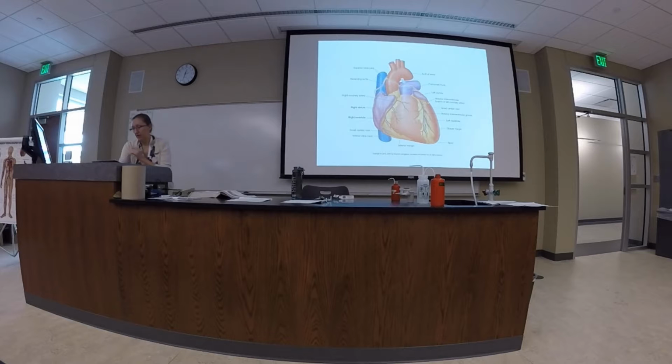So we'll start off with an anterior view of the heart. So here is the anterior surface, and it's predominantly the right ventricle, with a little bit of the right atrium and the left ventricle composing it.